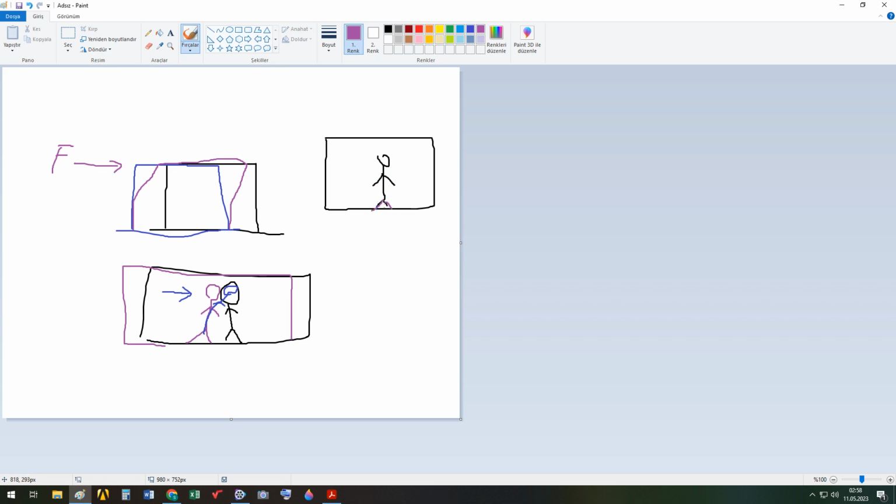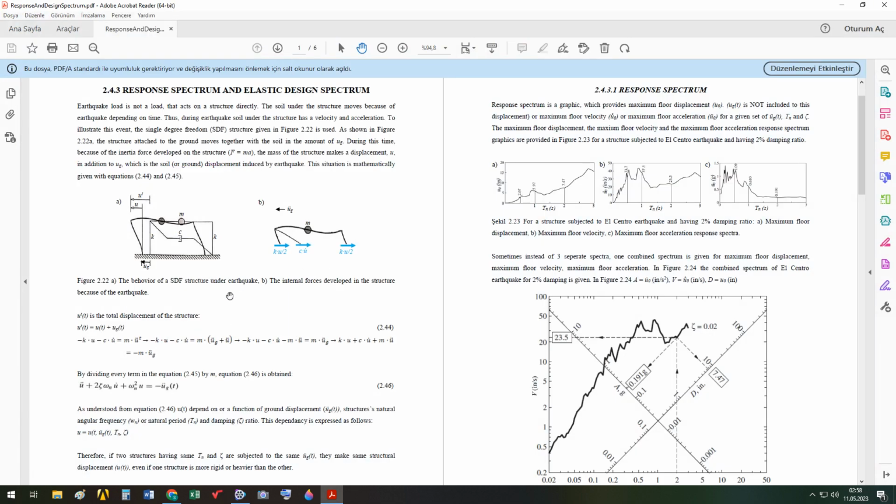Your legs are still on the ground, but as if you are pushed back. And because of this, you search for somewhere to hold yourself in position, not to fall on the ground. This is the physical explanation of the mathematical formula, this sign.